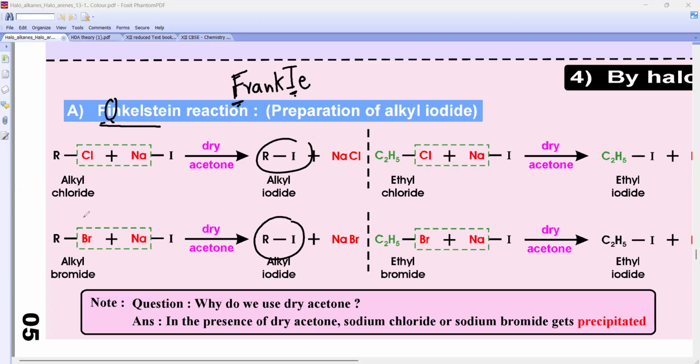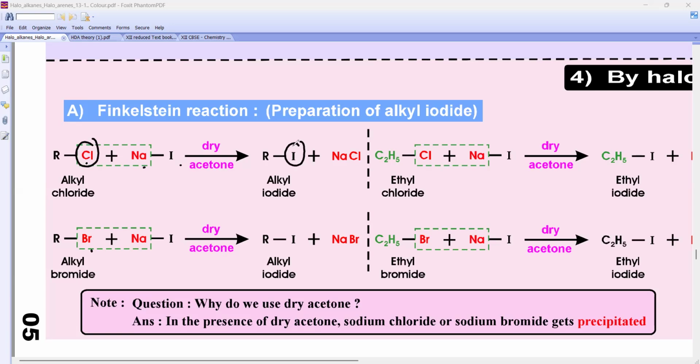Okay, so halogen exchange. Look, I am using alkyl chloride and making it react with sodium iodide. Now what is happening? Chlorine is being replaced by iodine. Halogen is replaced by halogen, so it is halogen exchange, studied by the scientist Finkelstein.